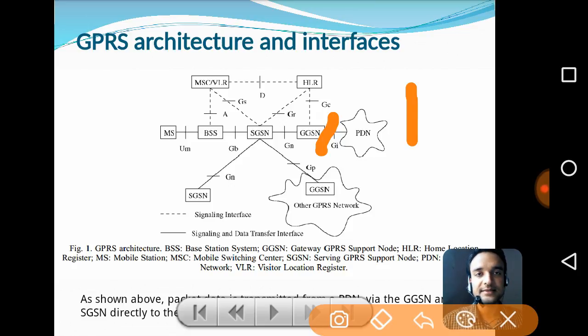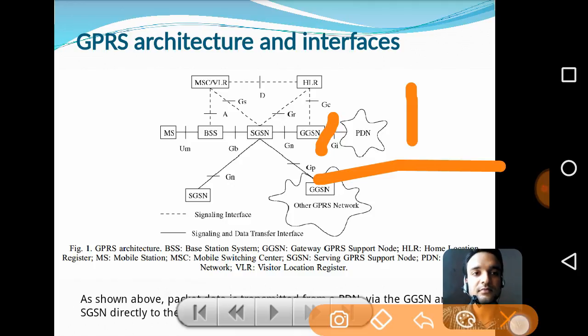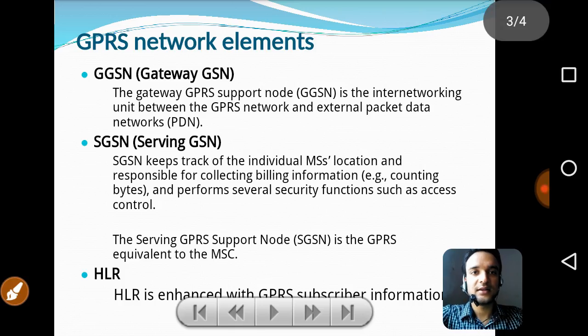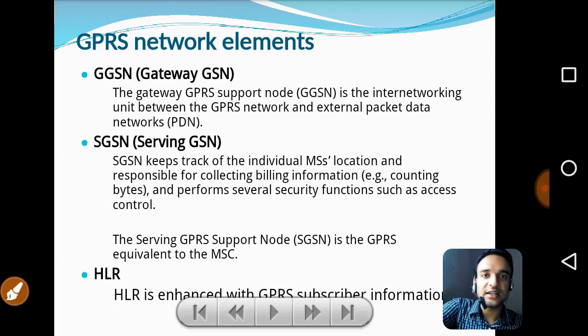You just draw this architecture and write these notes and you will get full marks. This is the same explanation I have given you. GGSN stands for Gateway GPRS Support Node, SGSN stands for Serving GPRS Support Node, and HLR stands for Home Location Register. So this is the complete architecture of GPRS.